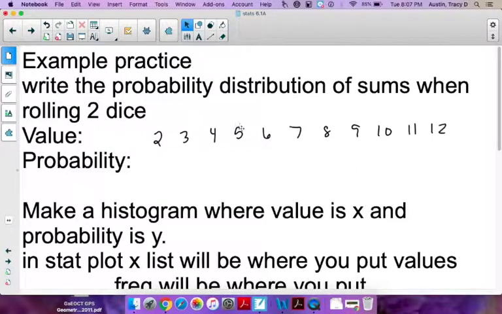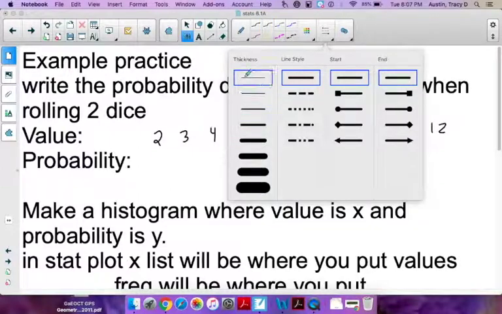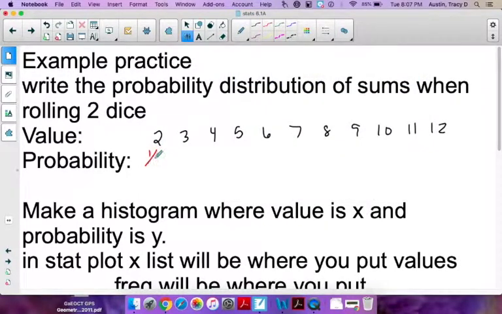Okay, and then the probabilities, we saw that it had this really nice pattern. There's 1 out of 36 ways to get a 2. Same thing with the 12. 2 out of 36 for the 3 and for the 11. 3 out of 36. 4 out of 36.